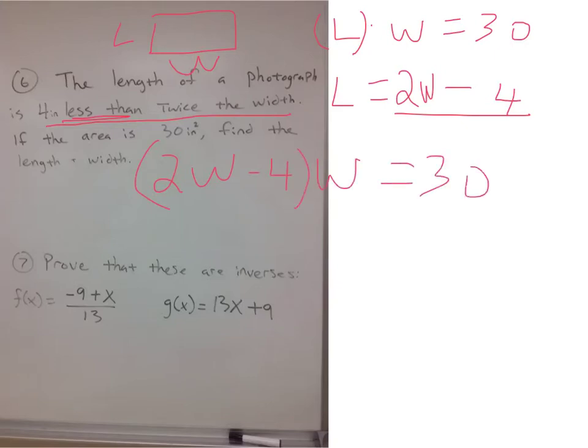Again, I just took length times width, this formula up there, and I swapped out my L for my 2w minus 4. Now I'm going to distribute my w. So now I've got 2w squared minus 4w equals 30.